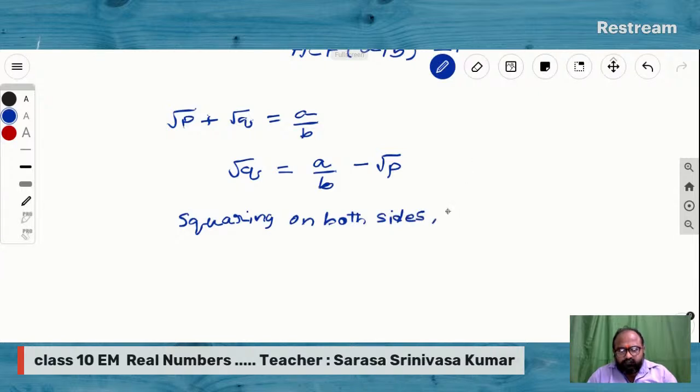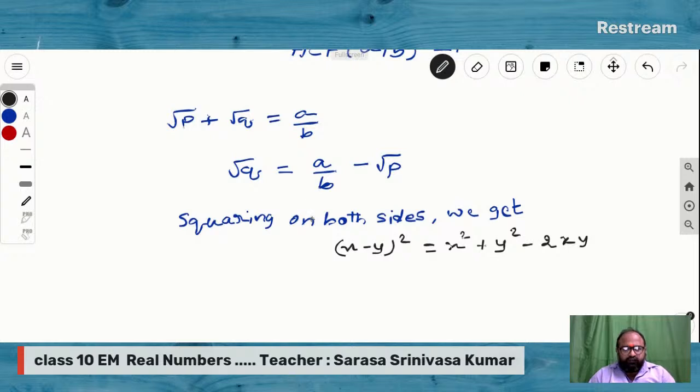To square on both sides, we use the formula x minus y whole square equal to x square plus y square minus 2xy. We use this formula to square the above.